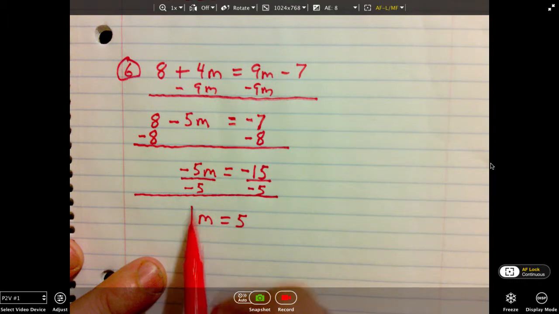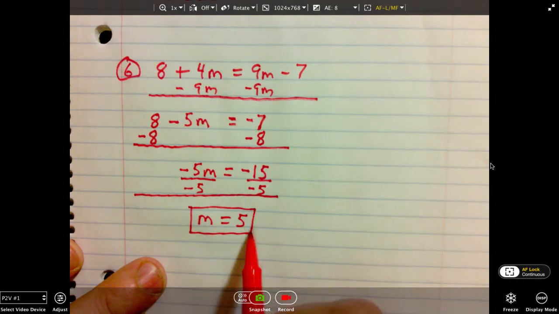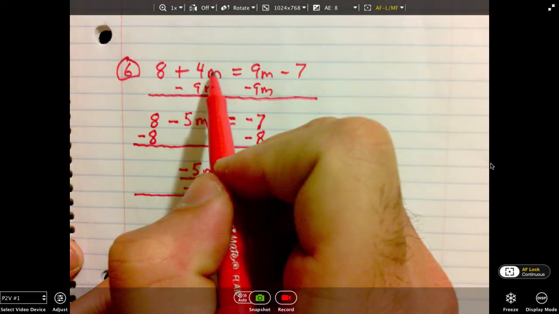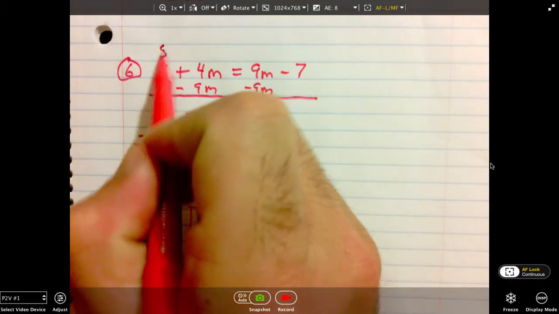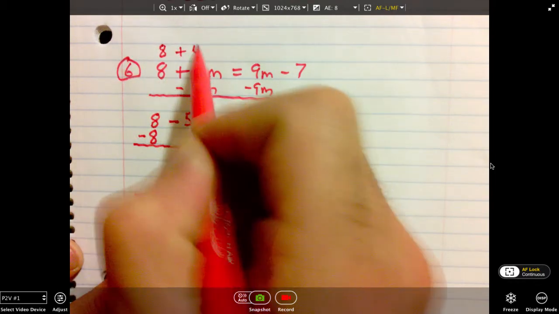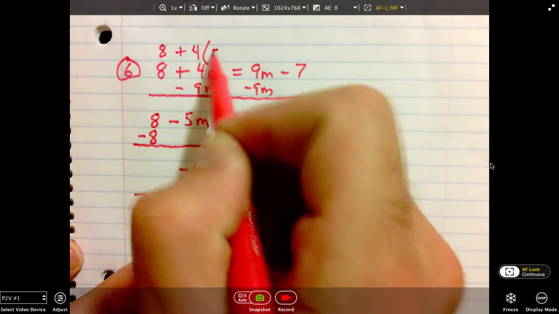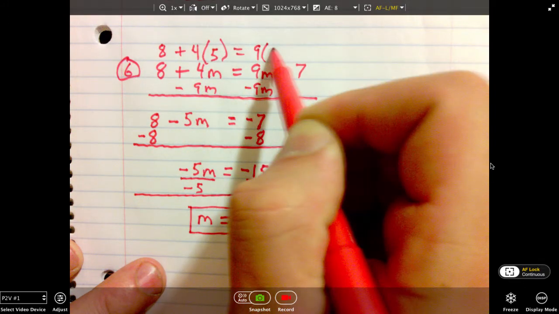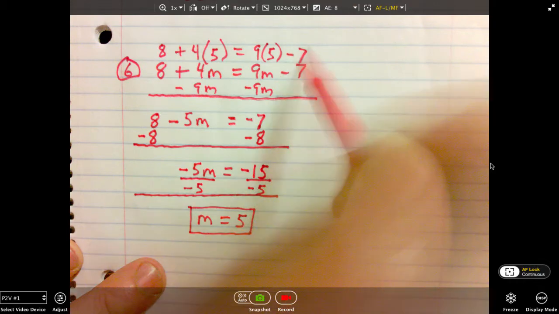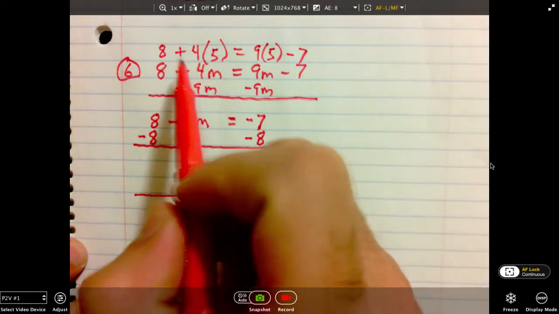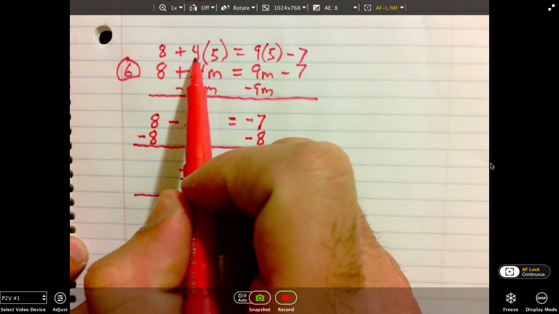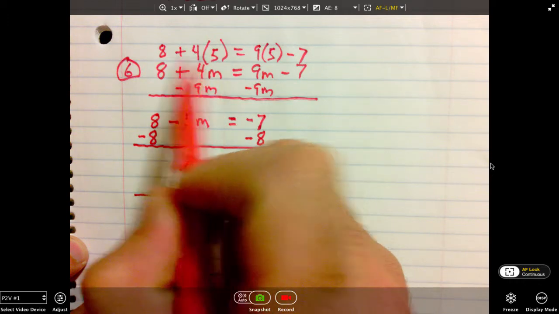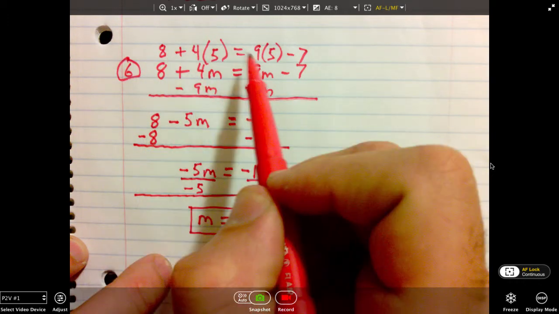We will take this value, m equal 5, and substitute it into our original equation. 8 plus 4 instead of m, 5, equals 9 times 5 minus 7. Again, we can use our calculator. This one I believe we can do in our head. 4 times 5 is 20. 20 plus 5 is 28.